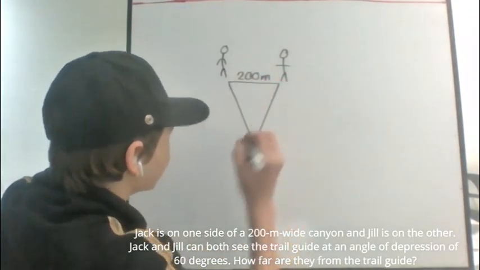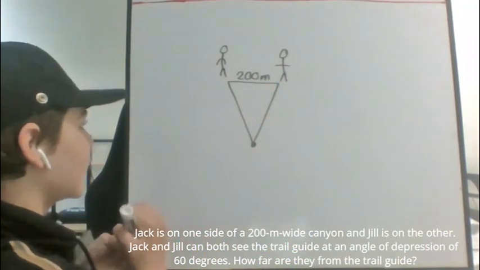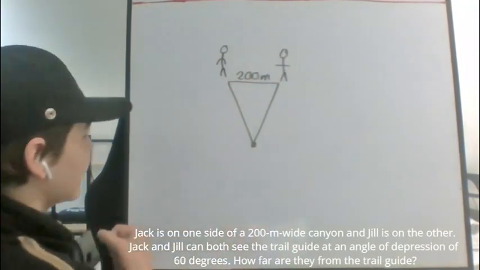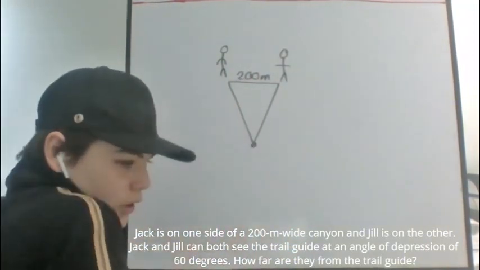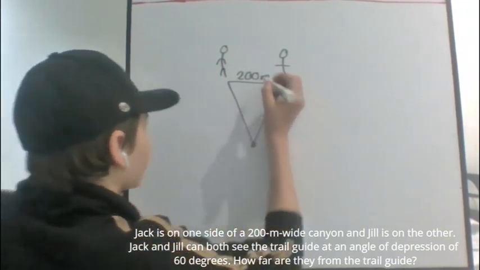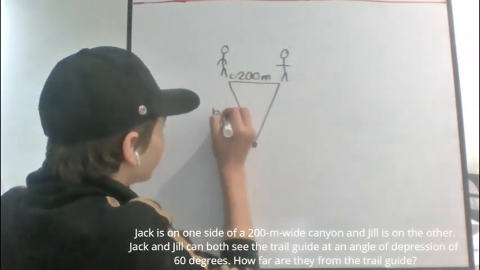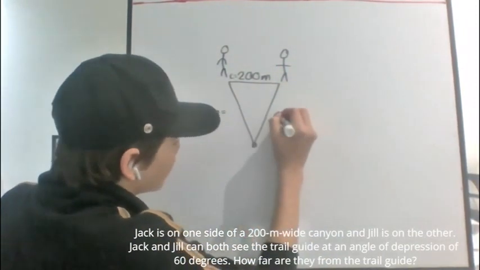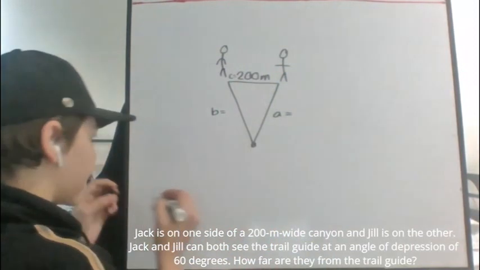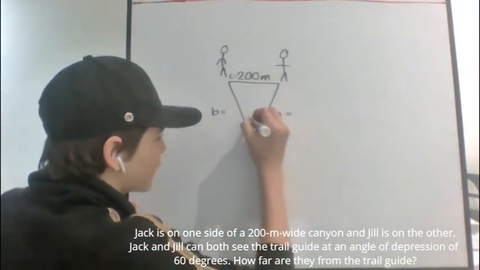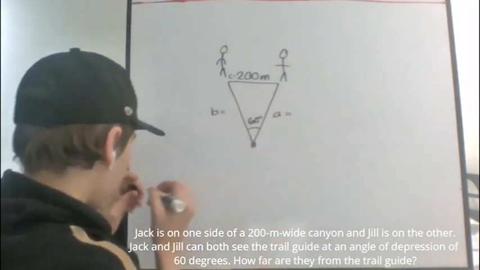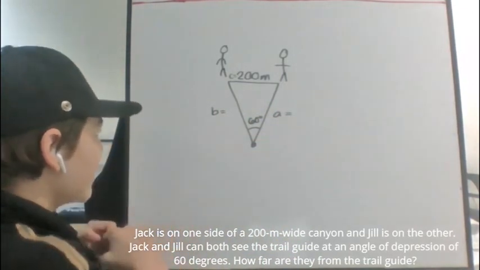So we can suppose it's something like this, since it is a canyon and they're both seeing it at the same time. Okay, in this case, I'm going to associate this number to a letter. B is going to be this side and A is going to be this side. Okay, we already know that the angle of depression is 60, so we already have our diagram so that we can solve this problem.